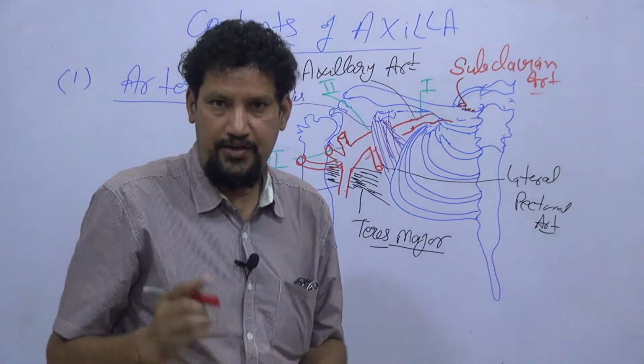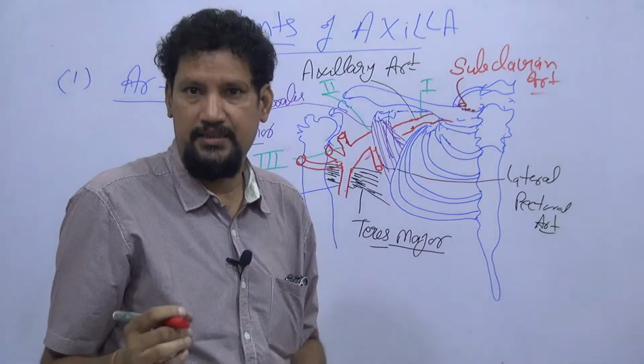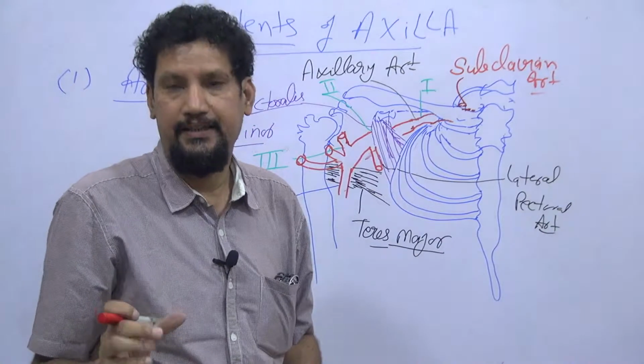So four arteries which are branches of the axillary artery can be seen in the axilla.